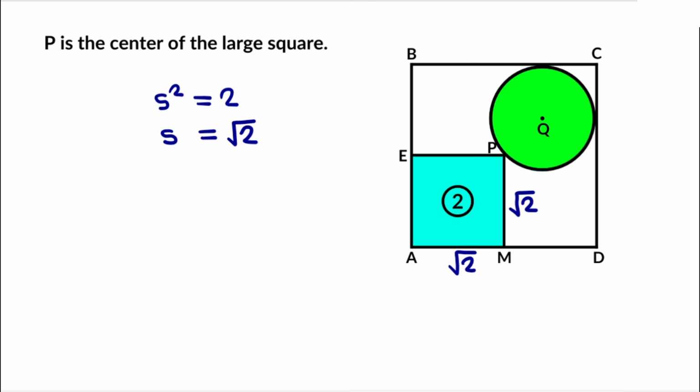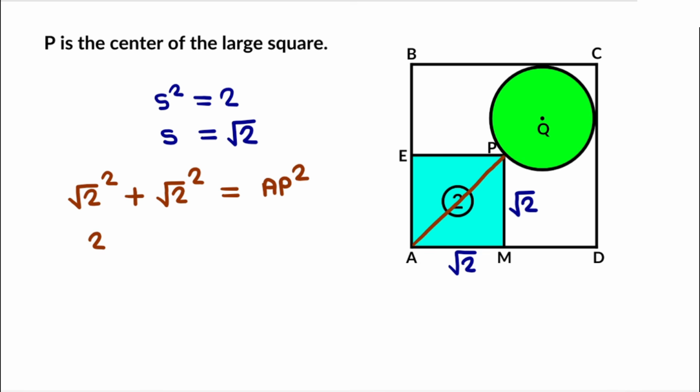Now, let's draw a diagonal from A to P. This splits the small square into a right triangle. The 2 legs are both square root of 2, and the hypotenuse is AP. Using the Pythagorean theorem, square root of 2 squared plus square root of 2 squared equals AP squared.